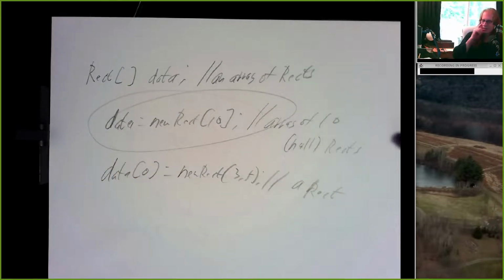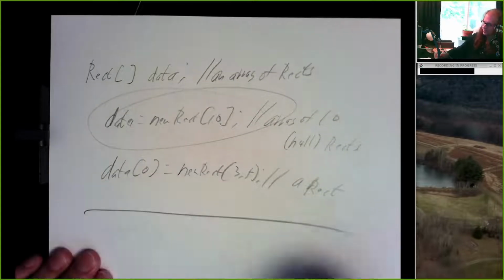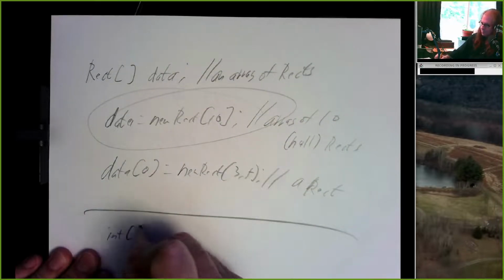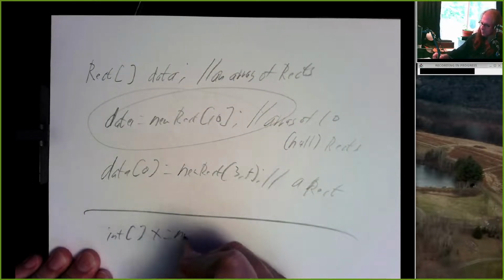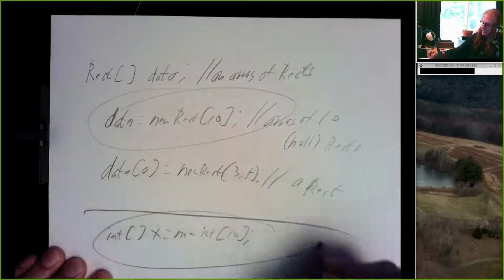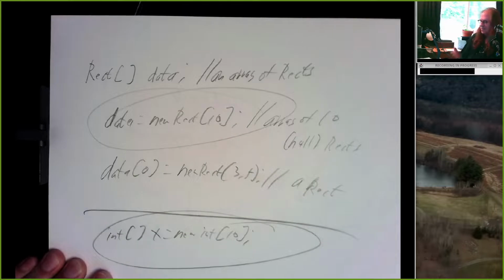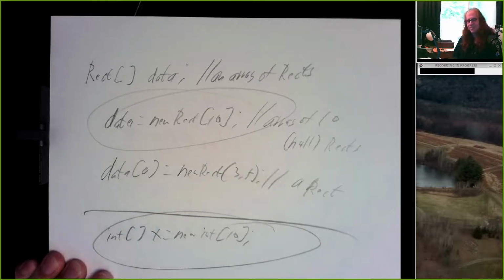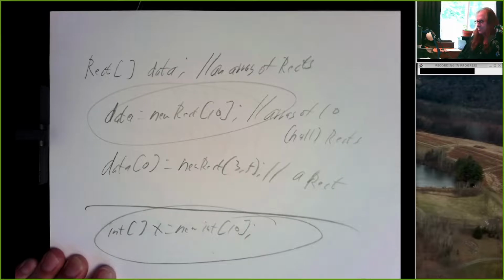So when we construct an array of integers, I can just do this. And that's like, int x bracket 10. That gives me my array of 10 integers and they're ready to use. I can say x bracket 0 right away and no problem. That's because this is a primitive.